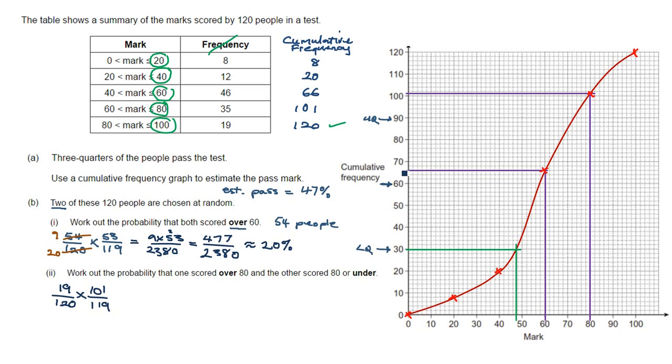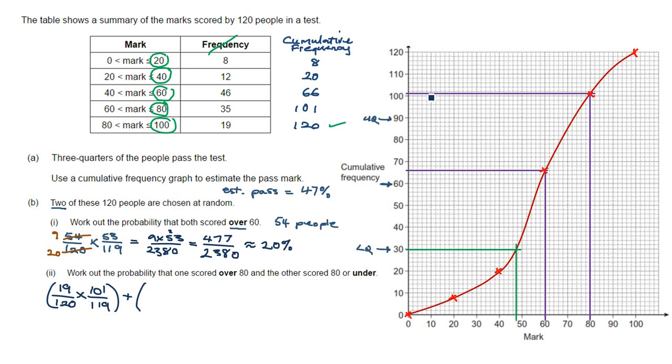So that's possible, but it occurs to me that it could be the other way around, that the first person could be under and the second person could be over. So I think what I'm going to have to do, because there are two ways of getting this, is add.